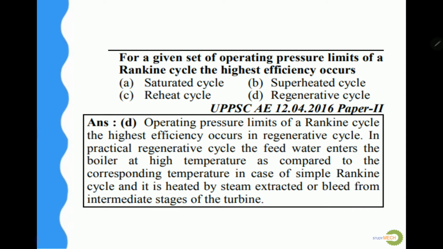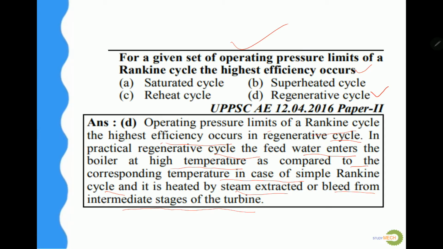For a given set of operating pressure limits of a Rankine cycle, the highest efficiency occurs in the regenerative cycle. In a practical regenerative cycle, the feed water enters the boiler at a higher temperature compared to the corresponding temperature in a simple Rankine cycle, and it is heated by steam extracted or bled from an intermediate stage of the turbine.